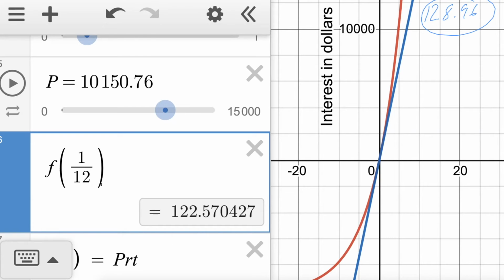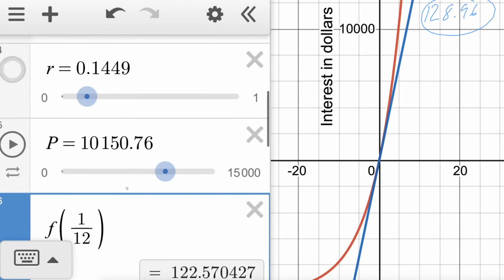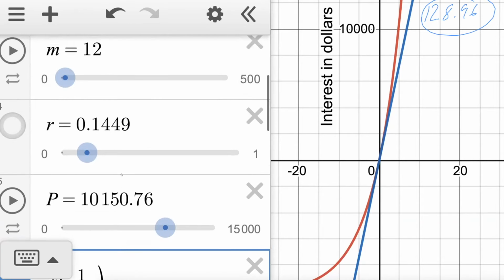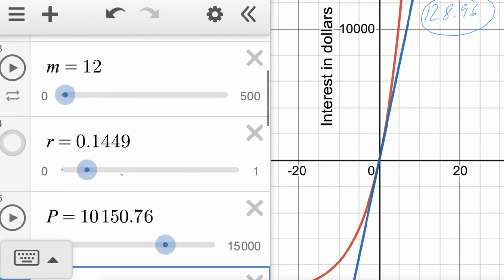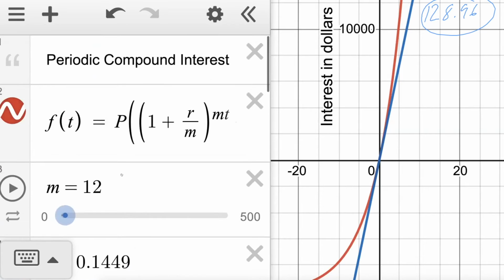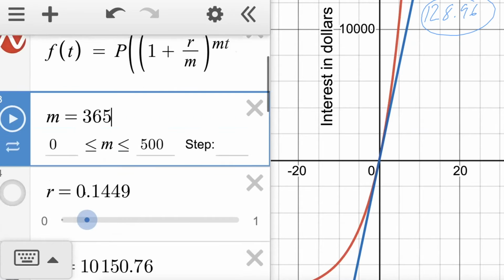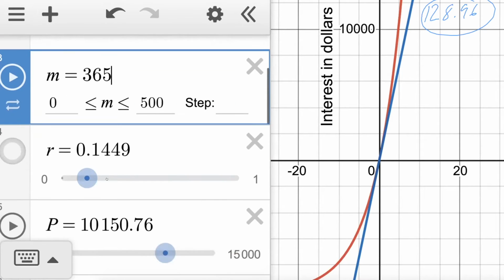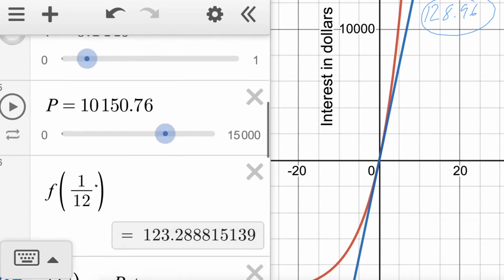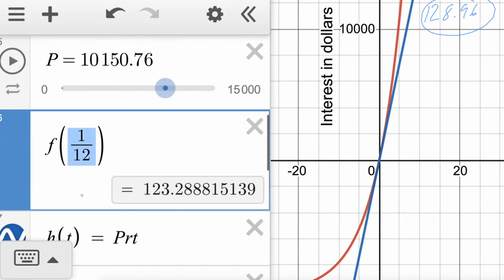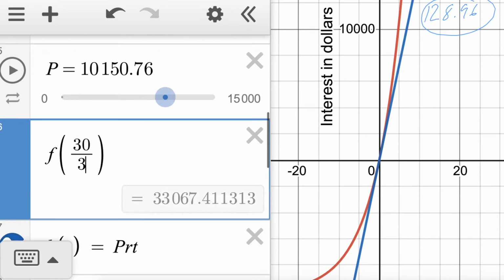Okay, so that means they did not use a monthly compounding interest to calculate this interest. So then I try the day, 365, same principle. But if you put 365 days, then you have to take 30 days divided by 365 days.